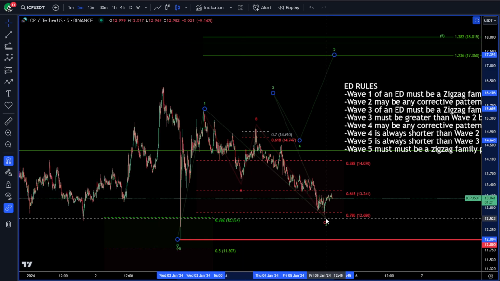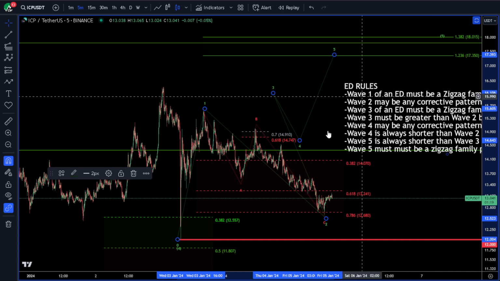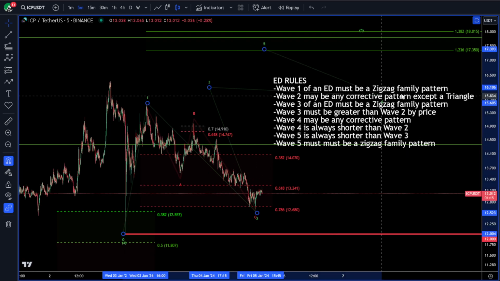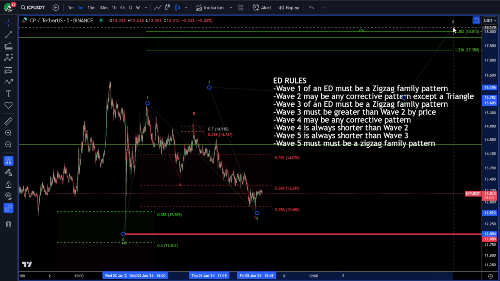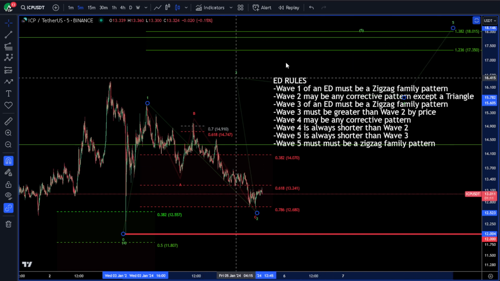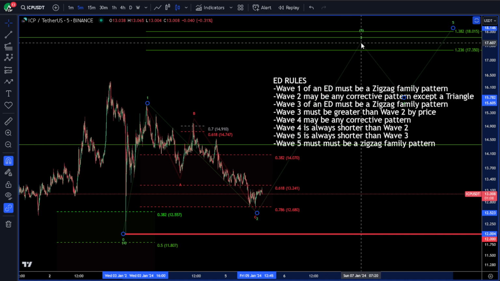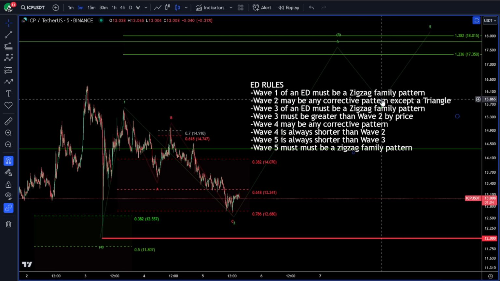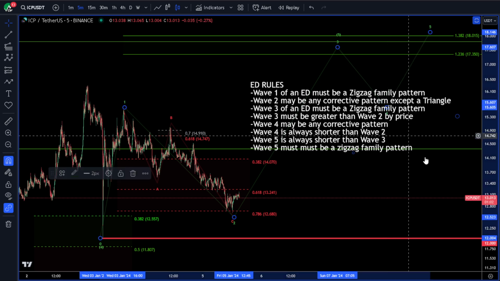Again, if this is an ending diagonal, these extensions are just guidelines. But that's usually what I do. If we get a short retracement, I target the 618. If we get a deep retracement, the 1.236 to 1.382.